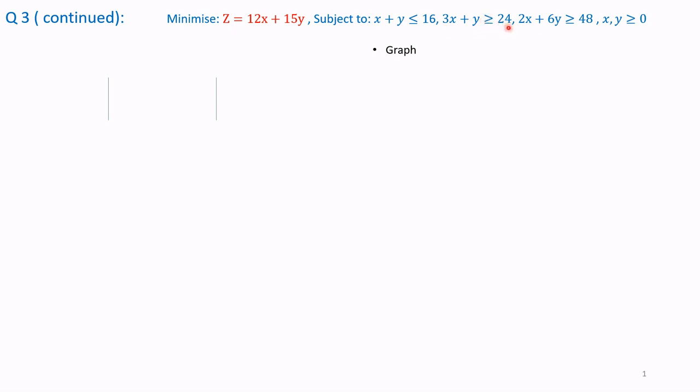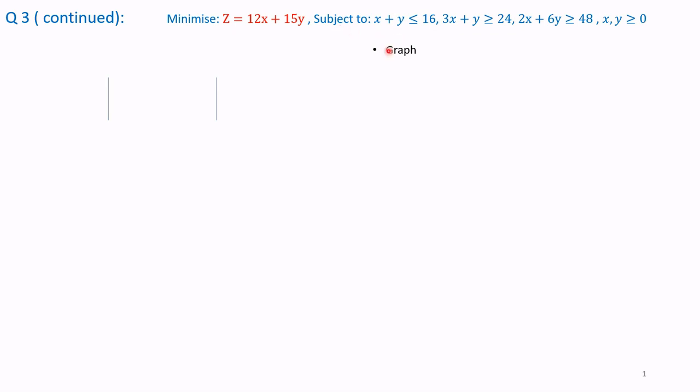And the third constraint equation is 2x plus 6y greater than or equal to 48. And as in all other cases, x, y is greater than or equal to 0. Hence, we will first start with our constraint equations.